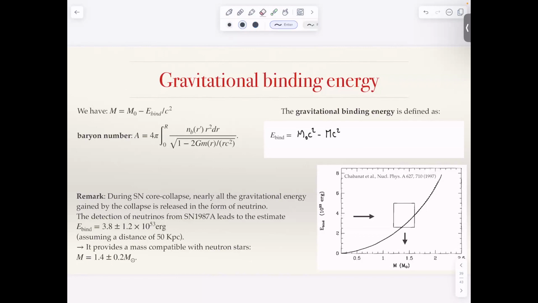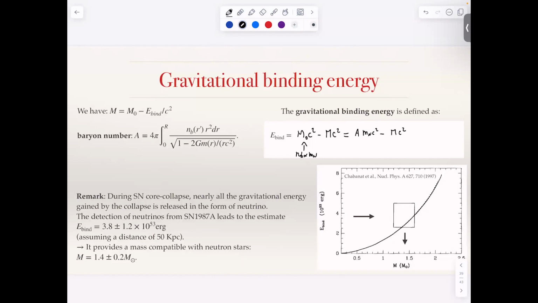Okay, so now I should remind that in order to get M0, I was integrating my number density times the mass of my particle. So I can express this as A times mn c square minus the mass of my star.